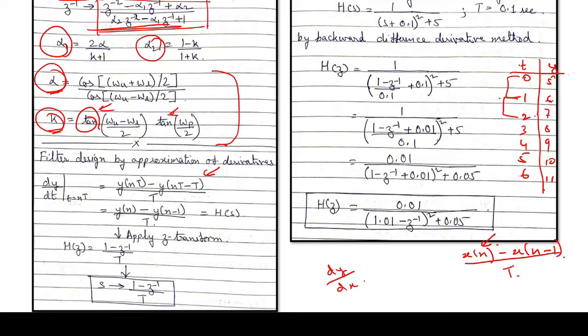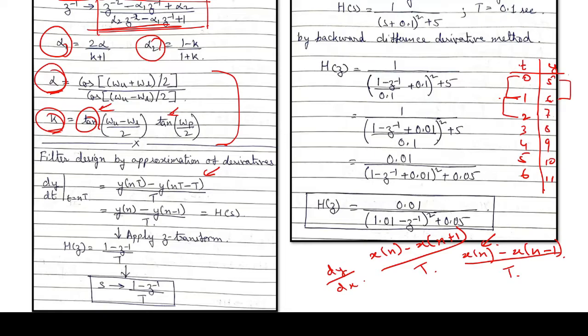So this is the backward differentiation method, and there is another method regarded as the forward differentiation method, where you use the next value. So it would be 5 minus 6, then 6 minus 7, like that. So it would be xn minus x of n plus 1 divided by T. However, it is using future values for the calculation of the derivative.